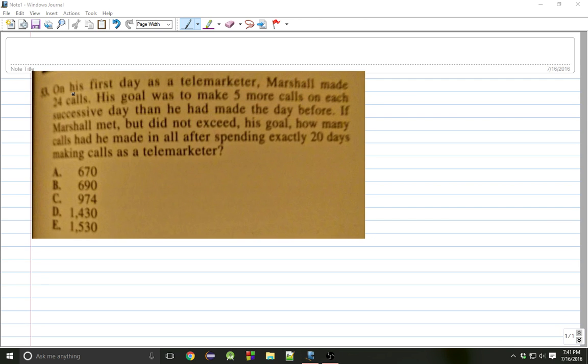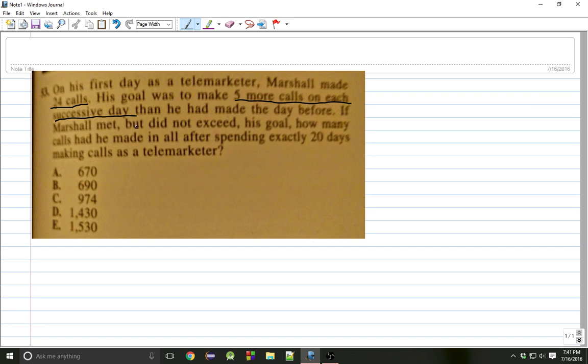On his first day as a telemarketer, Marshall made 24 calls. So let's underline 24 calls. His goal was to make 5 more calls on each successive day than he had made the day before.